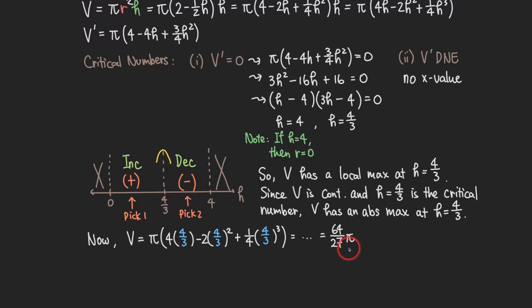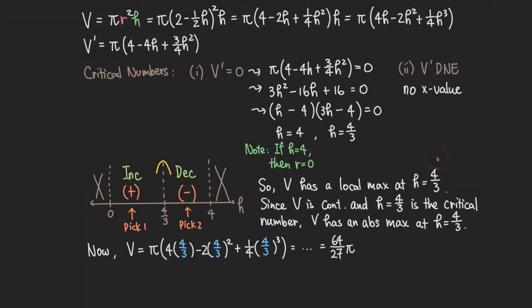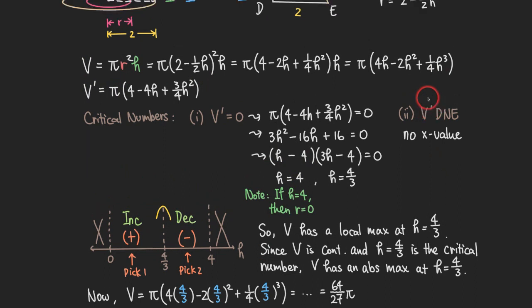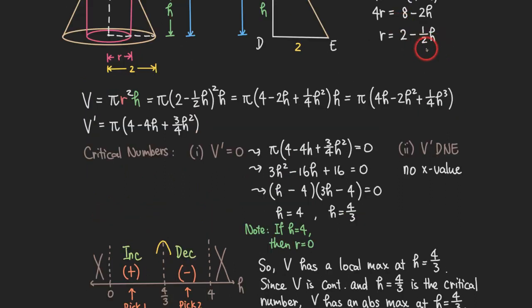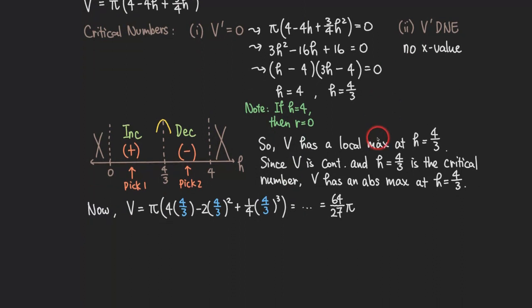And then if you want to find the dimensions of the cylinder, then you already have the h. All you need to do is to plug it back into this formula right here for the r to figure out the r. Okay, so that's it for this problem. So let me just write down the final conclusion for this problem.